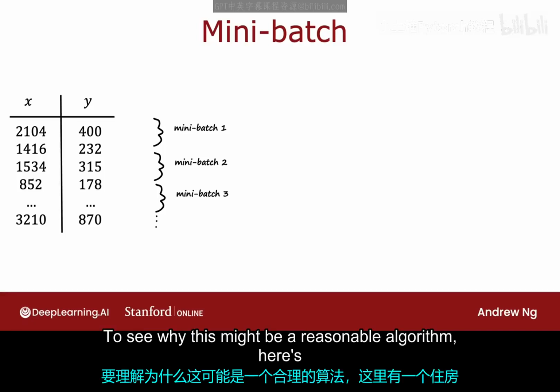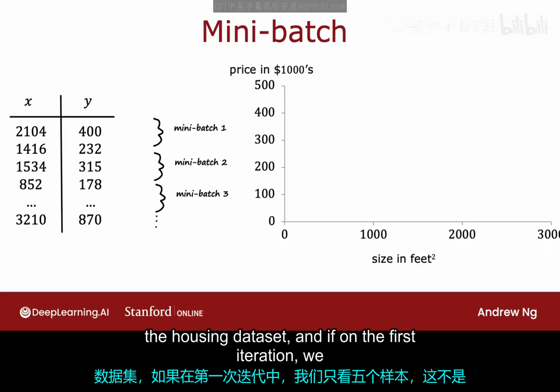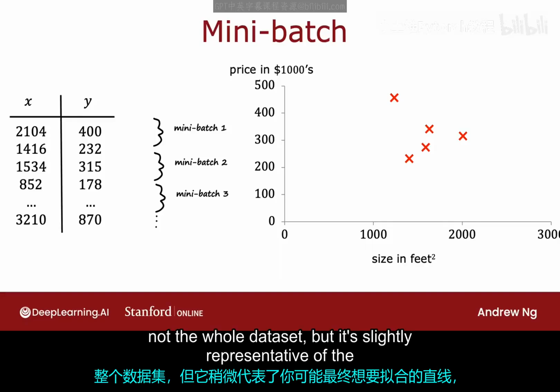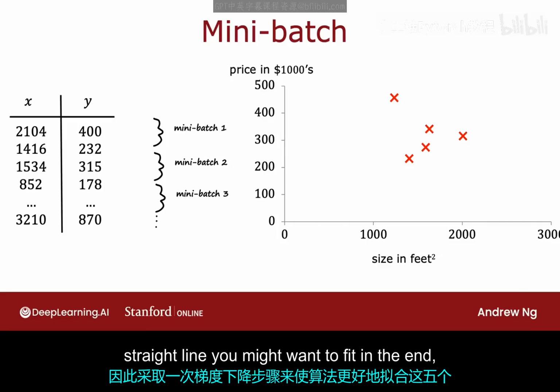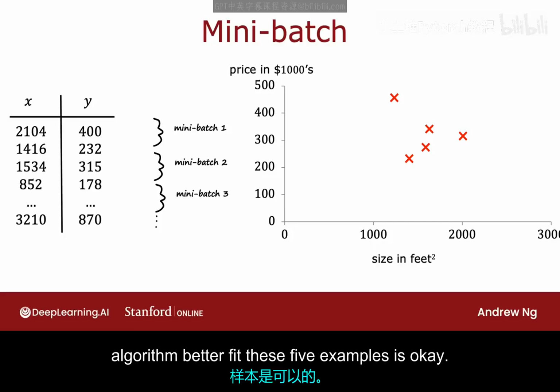To see why this might be a reasonable algorithm, here's the housing data set. And if on the first iteration, we were to look at just say 5 examples, this is not the whole data set, but is slightly representative of the straight line you might want to fit in the end. And so taking one gradient descent step to make the algorithm better fit these 5 examples is okay.